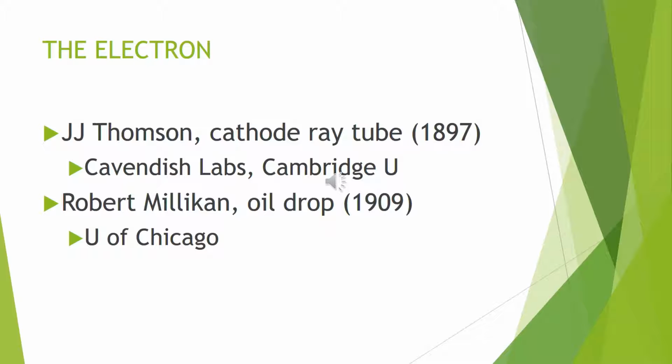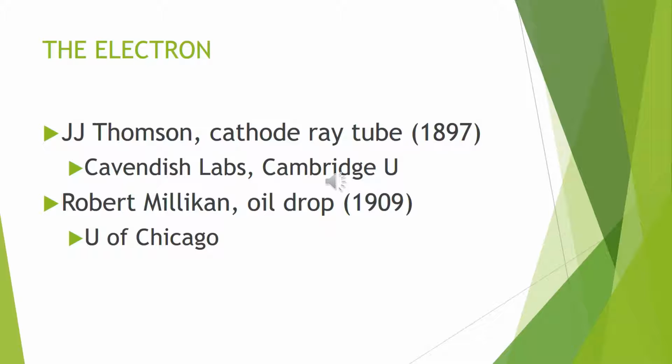I think it's both interesting and important to understand some of the history behind some of the more important discoveries in science. And so the electron was discovered by the great English physicist J.J. Thomson. In fact, we're gonna be looking at his cathode ray tube experiment in more detail at a later time.